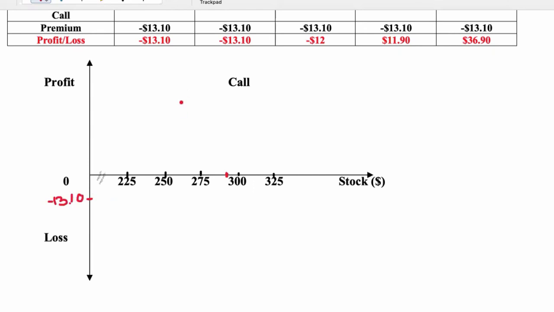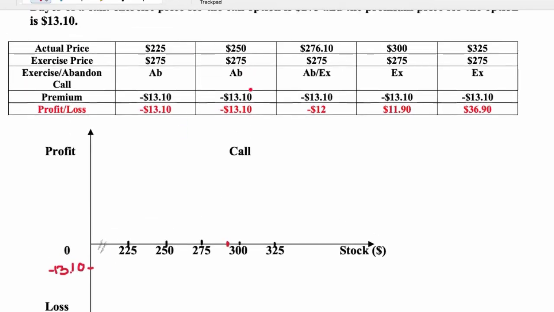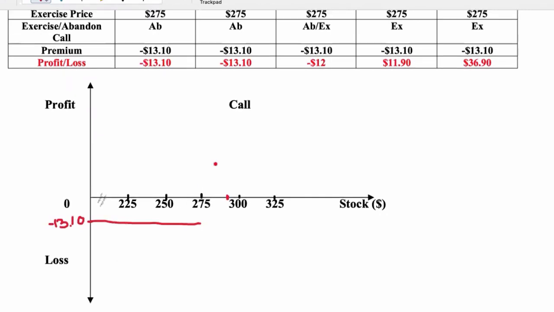And if you noticed, any price below the strike, you abandoned, and therefore the maximum we lost was the 1310, and that's why I will have a straight line going across to my strike, and then I start recovering. Okay, so at 276.10, which is my current stock price, you see a little uptick, and that's the recovery of $1.10. That's where I lose $12.